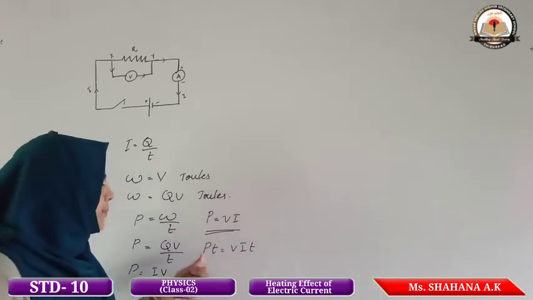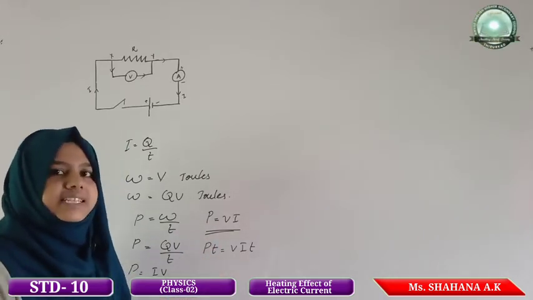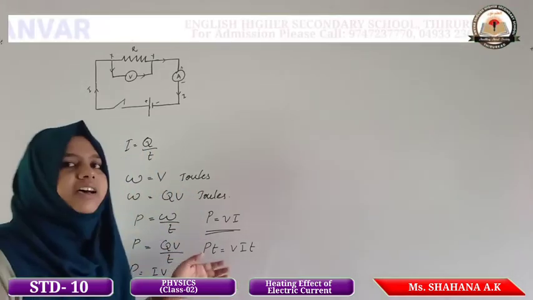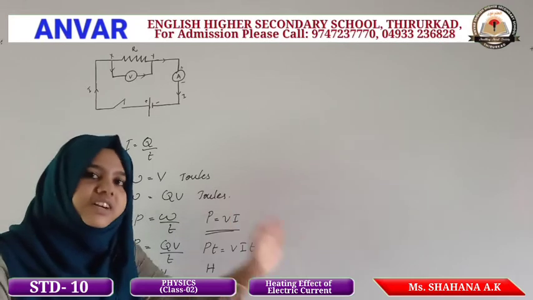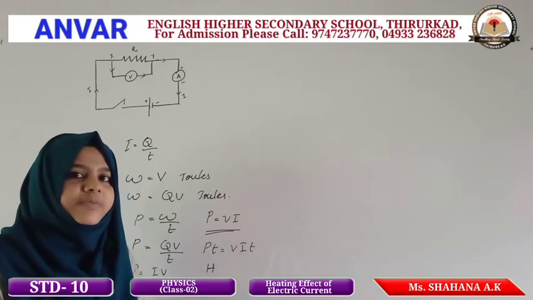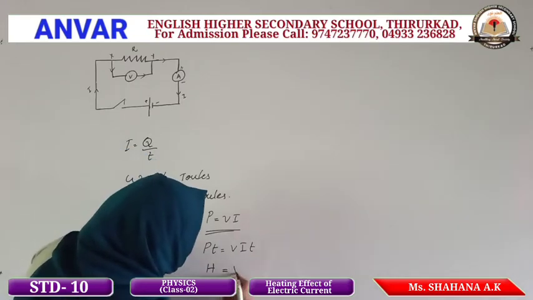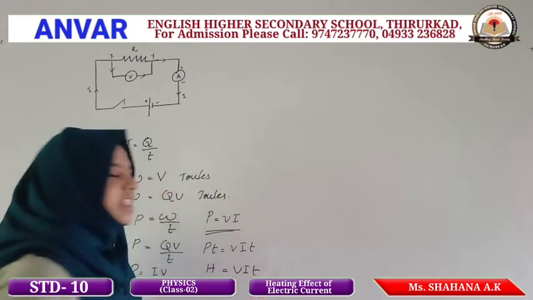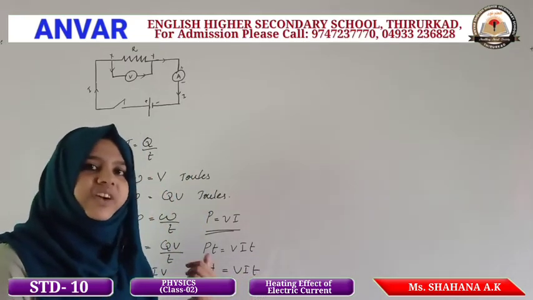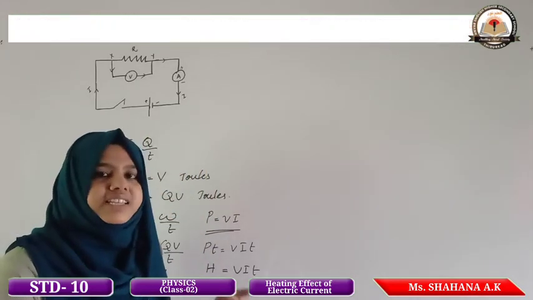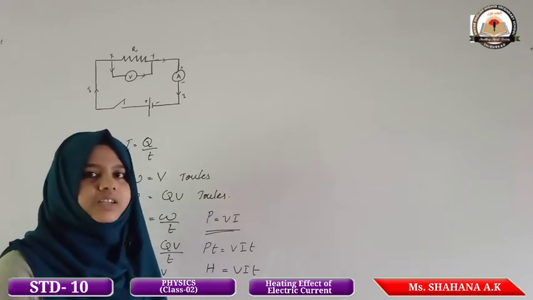So instead of PT, we use the term H, that means heat. As the energy is converting into heat, here we use H is equal to VIT. This is the equation of heat generated in this circuit when we pass current through it.